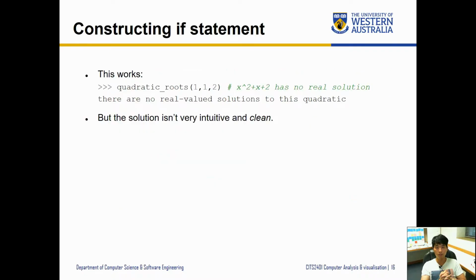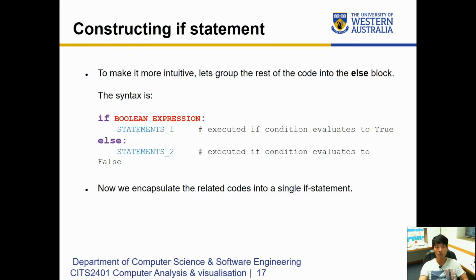So this works, which is good, but the solution isn't very intuitive and clean. So what we can do is improve our solution using some of the additional blocks that we can add onto the if. To make this much better and clearer, we can group the rest of the code into the else block. The syntax is as shown before: if there's an expression, statement 1, else the other statement.